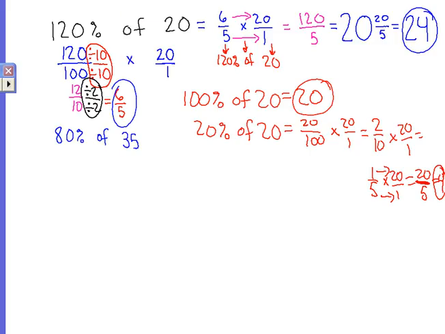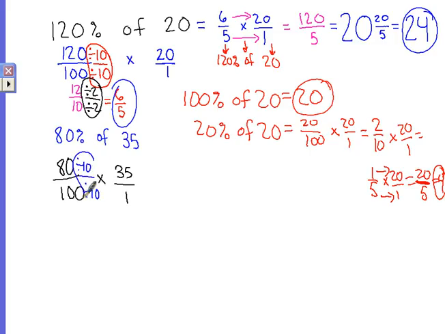Now we're going to look at trying that again with 80% of 35. Now we know 80% is less than 100%, so it's less than one whole. 80%, like every percent, is out of 100. Of, we associate with multiplication, and 35 as a fraction becomes 35 over 1. Again, I'm going to reduce 80 hundredths before I try to multiply. Both of them are ending in a 0, which means they're divisible by 10.